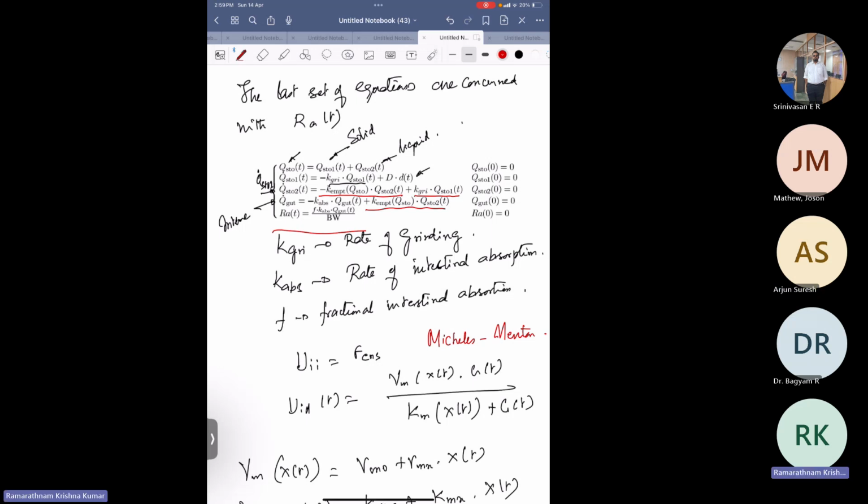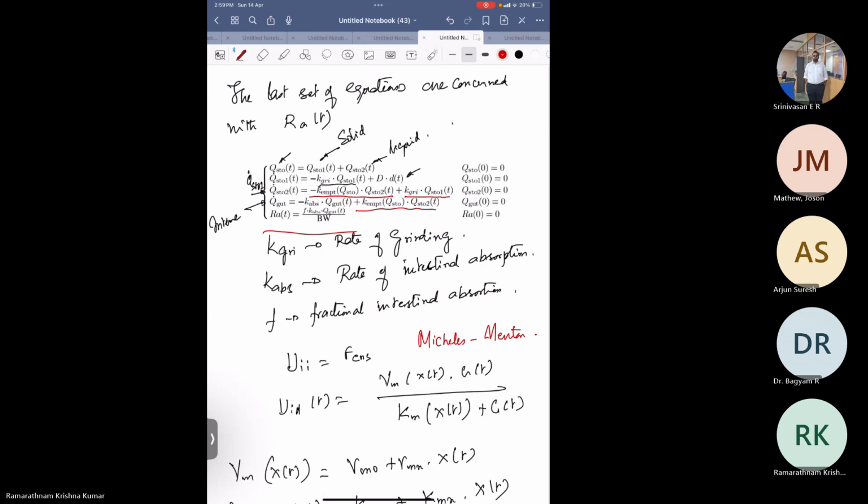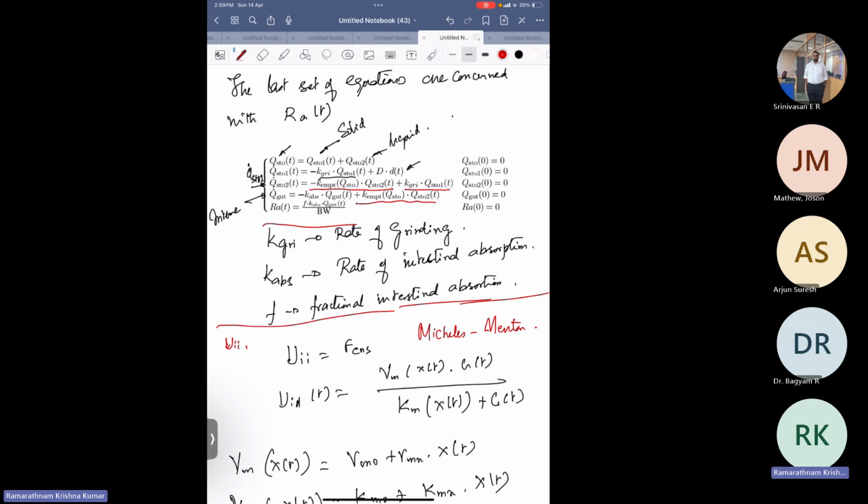Okay. So that's the next one. The third one is the glucose utilization. So up to this, now that I have absorbed it, RA, I have to look at glucose utilization. Those two terms, the UII term and the UID term. How am I going to write these two?